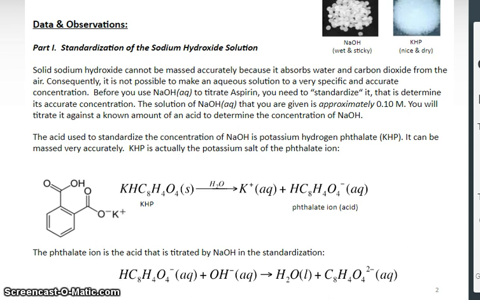It can be massed very accurately. KHP is the potassium salt of the phthalate ion. So this is the reaction. The phthalate ion is the acid that is titrated by sodium hydroxide in the standardization.